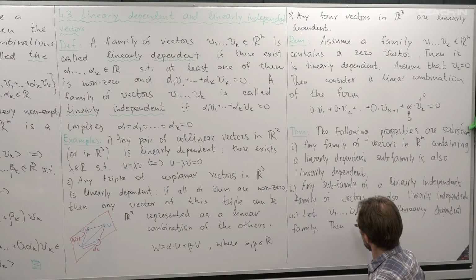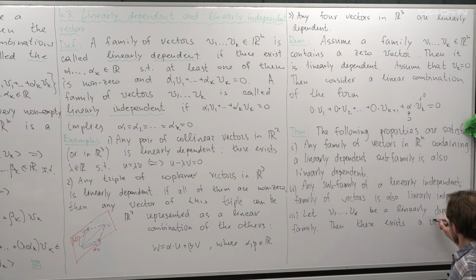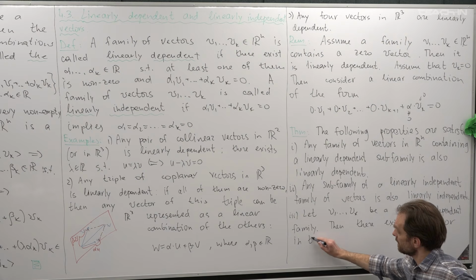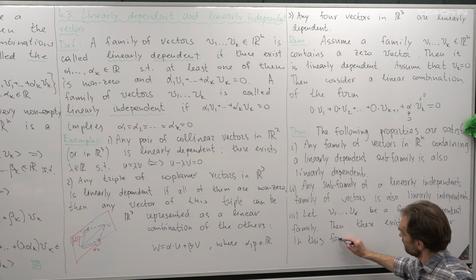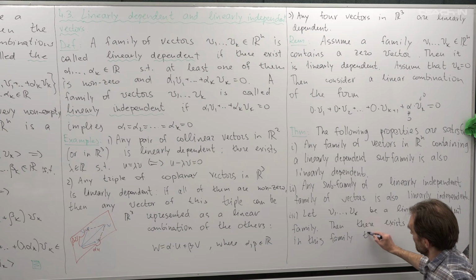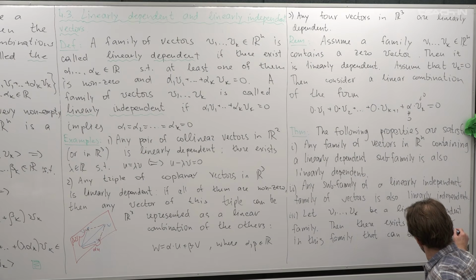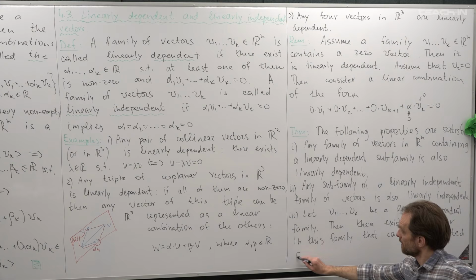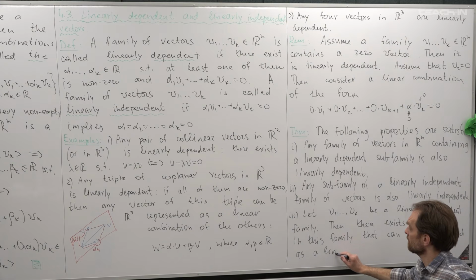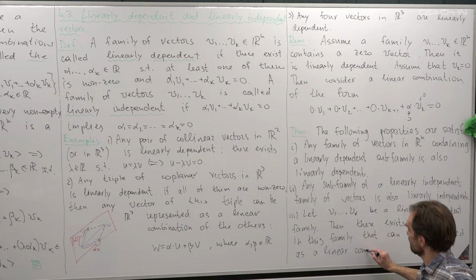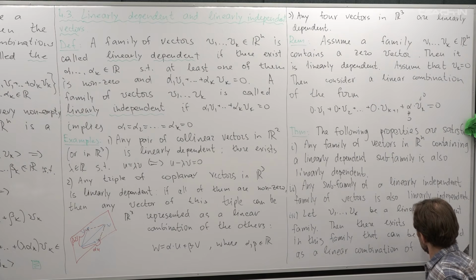Then there exists a vector in this family that can be represented as a linear combination of the others.